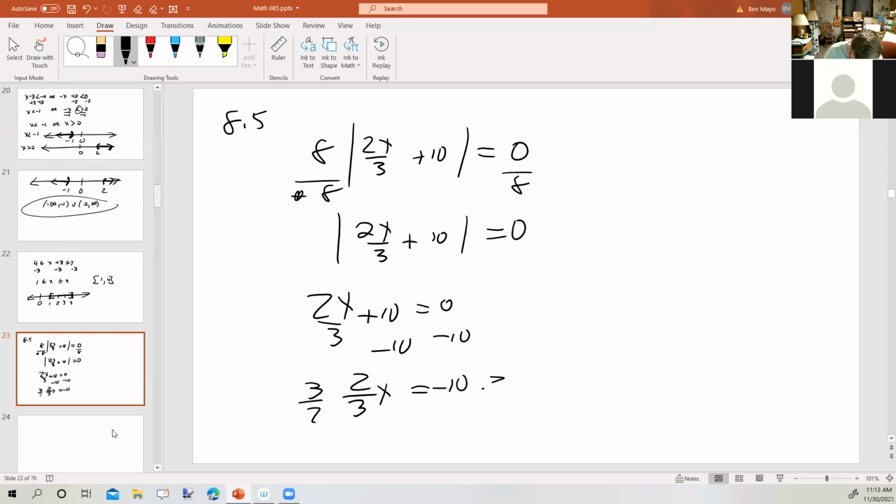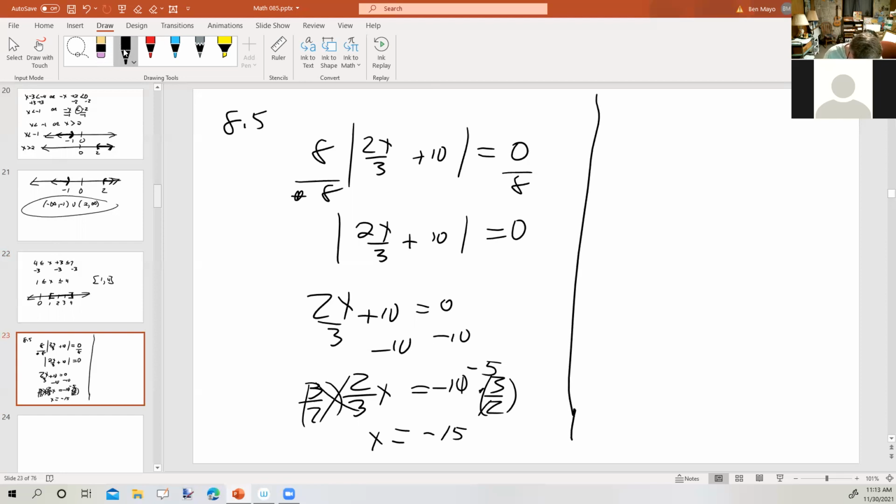Multiply by 3/2. We get x equals, let's see, that's going to be -15. So then we'll go back and check our work. 8 times the absolute value of 2 times -15 over 3 plus 10 equals 0.